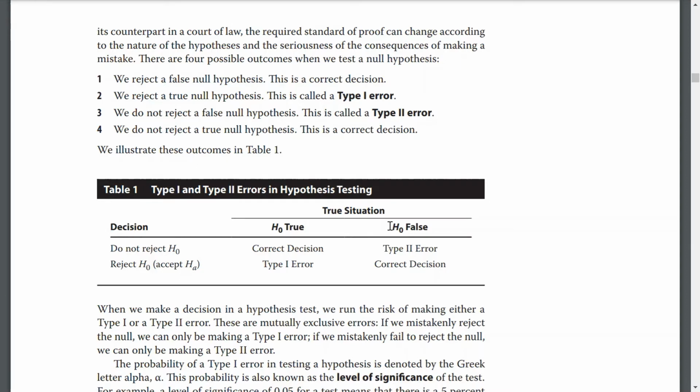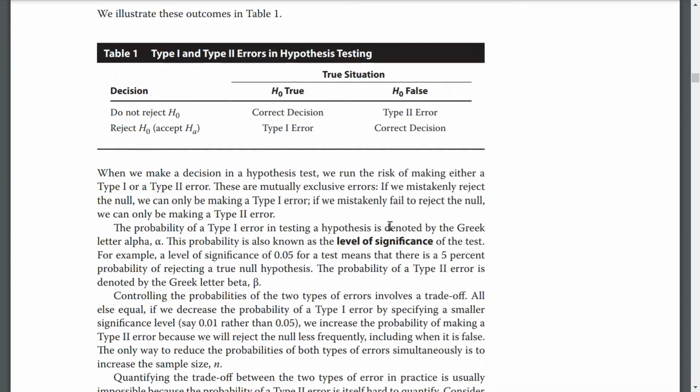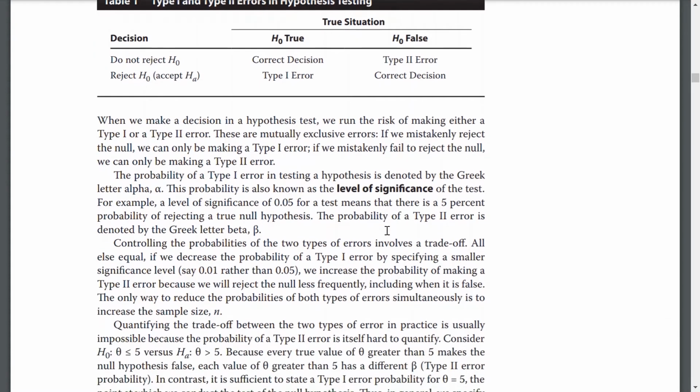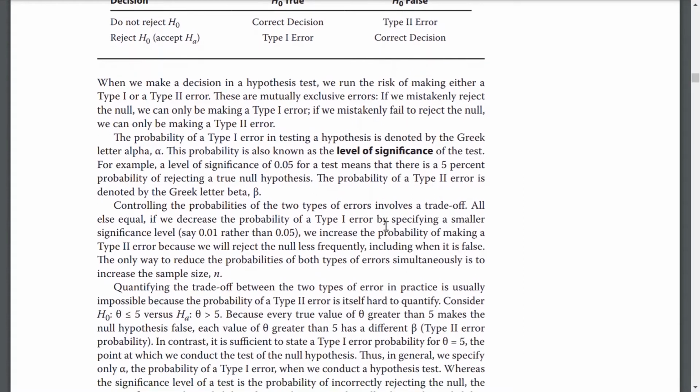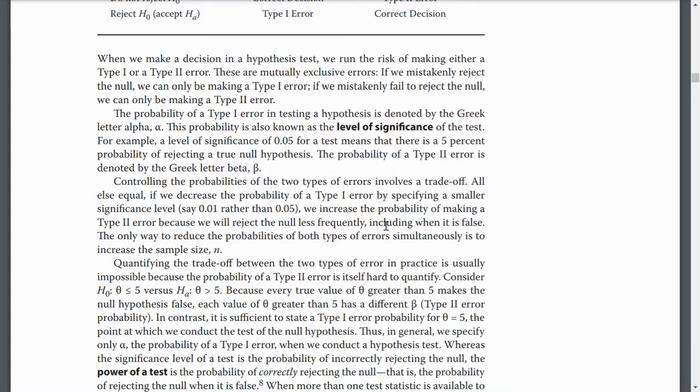So here's table 1. When we make a decision in a hypothesis test, we run the risk of making either a type 1 or type 2 error. These are mutually exclusive errors. If we mistakenly reject a null, we can only be making a type 1 error. If we mistakenly fail to reject a null, then we can only be making a type 2 error.